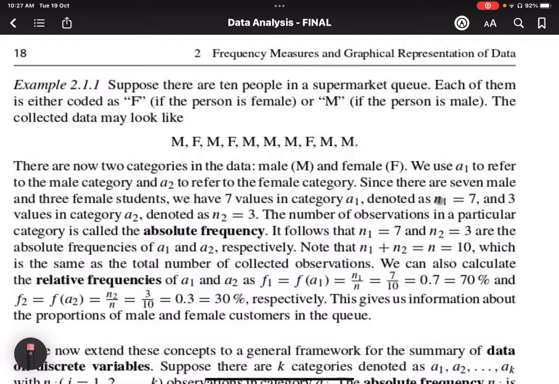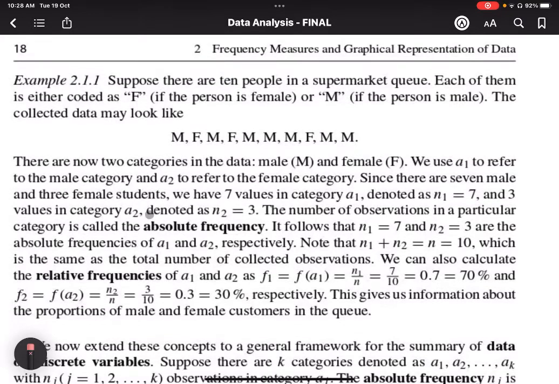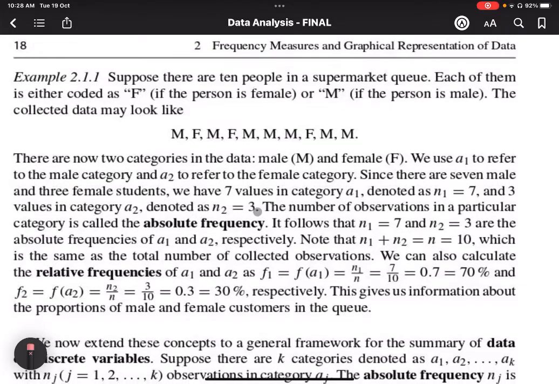Notice that N is the number of frequency, the number of information. So since our male is 7, we assign N1 the value of 7. And 3 values in category A2, our female. Remember, A2 refers to the female category. So N2 is 3.